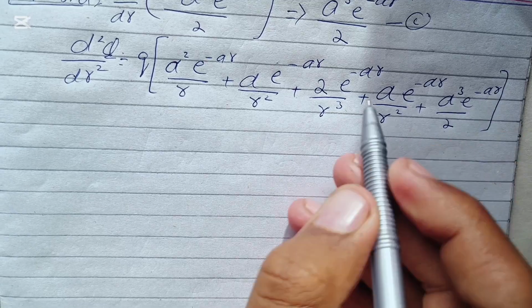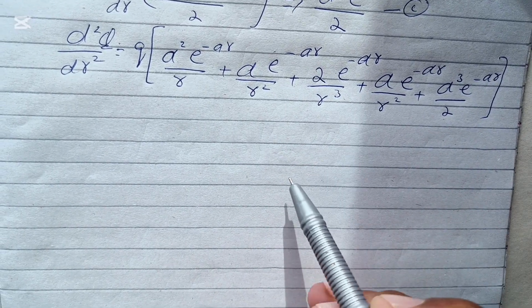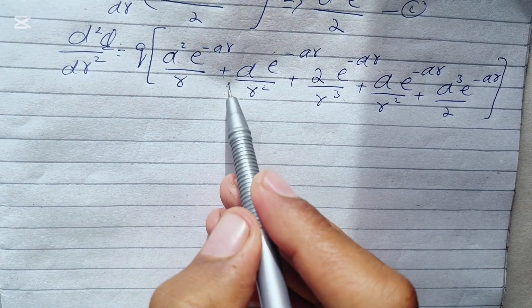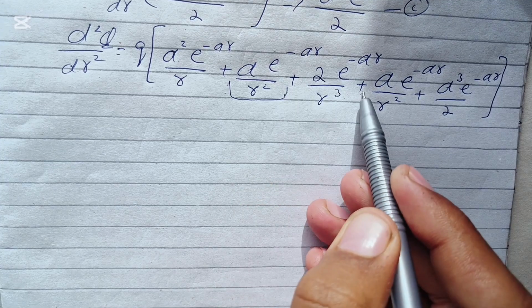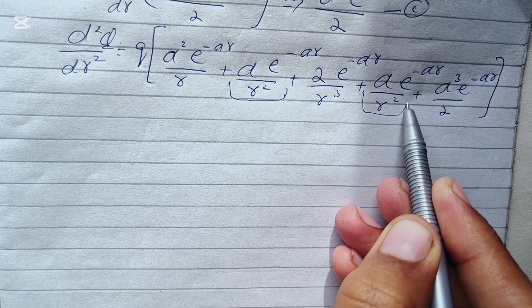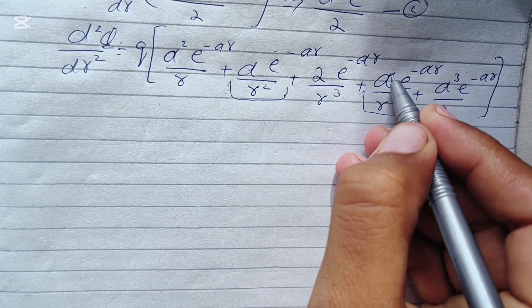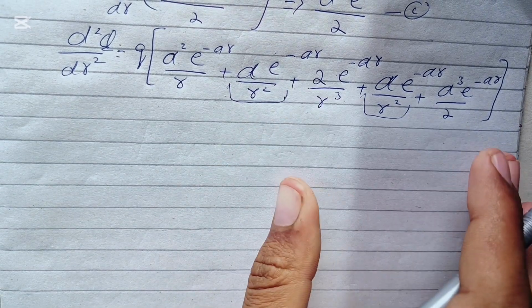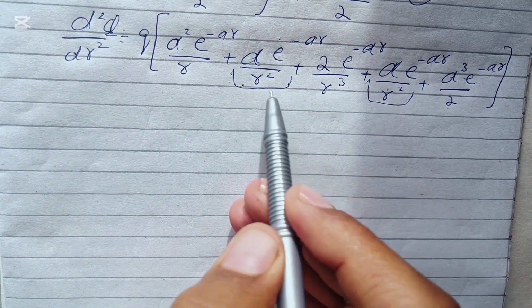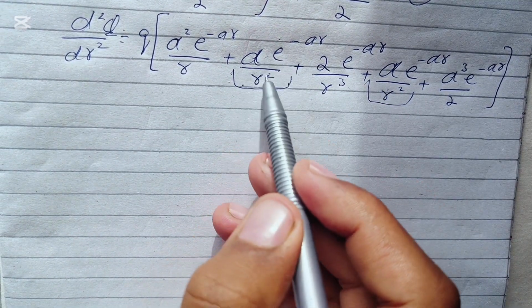So we will simplify this equation. Look at this term, this and this. These are the same terms, this is alpha and this is alpha, so this will give us 2 times this term.